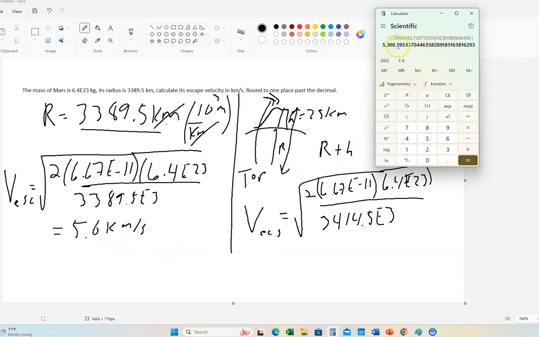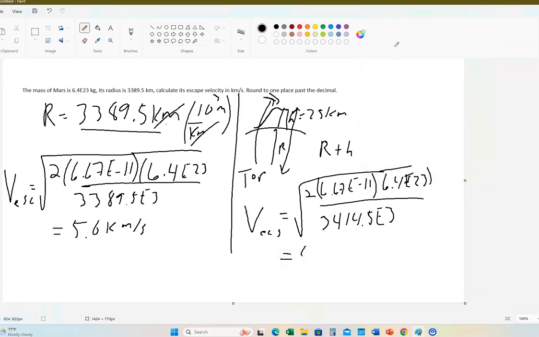If I had done it in meters, you could see it's almost exactly 5. So in kilometers, it looks basically the same. It's just slightly different, slightly smaller.